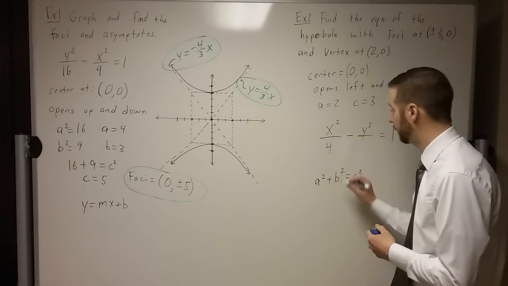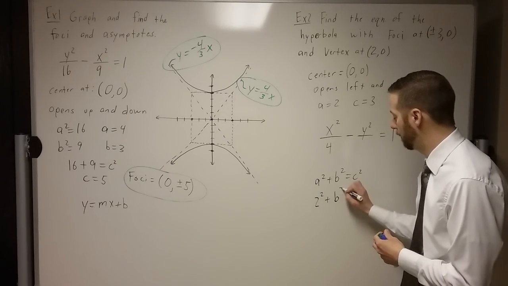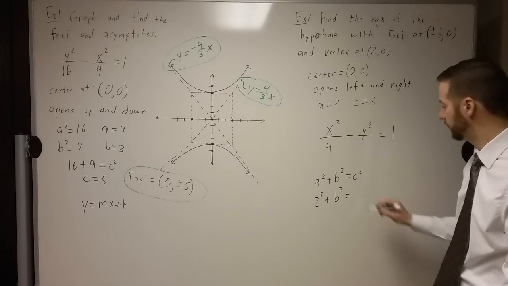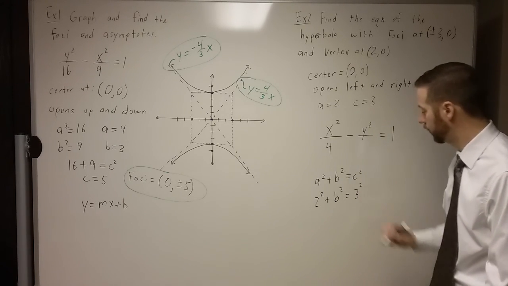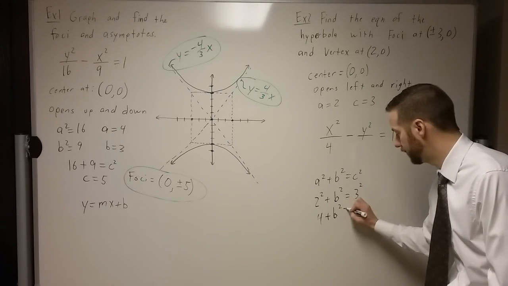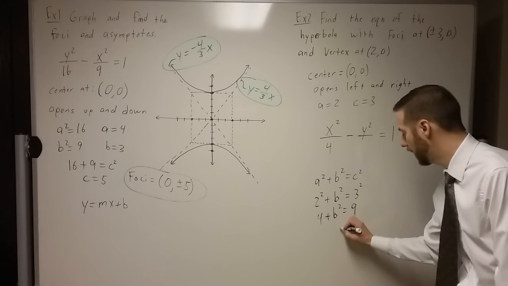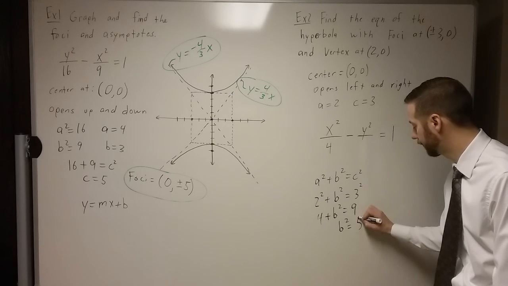And so I'm just going to put the information we've got in there. So we've got 2 squared plus b squared, which is what we need to figure out, so I'm just going to leave that as b squared. But we do know c is 3. And 2 squared we get 4 plus b squared equals 3 squared is 9. Subtract the 4 to the other side, and I get b squared is 5.